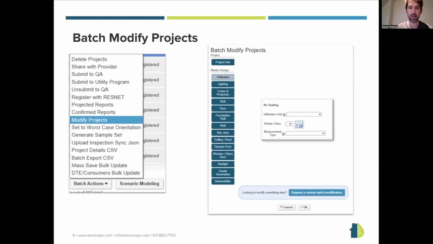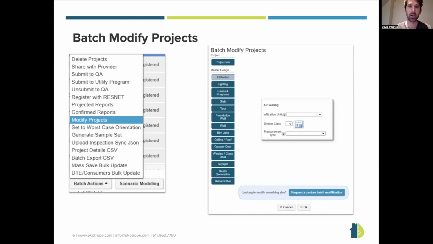The other thing that is super helpful here is if there is something that's not supported here, you can request a custom batch modification. And this is pretty flexible. So if there's something that you need changed across a whole bunch of projects, we can do that for you.